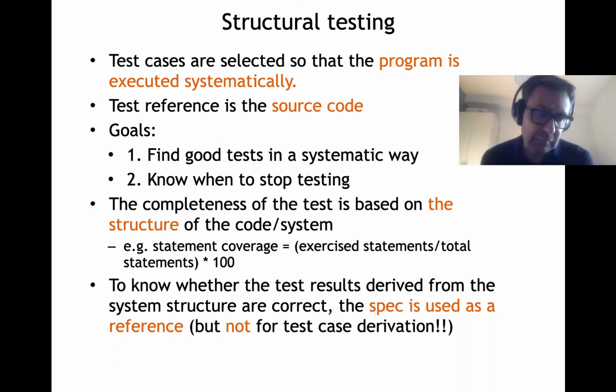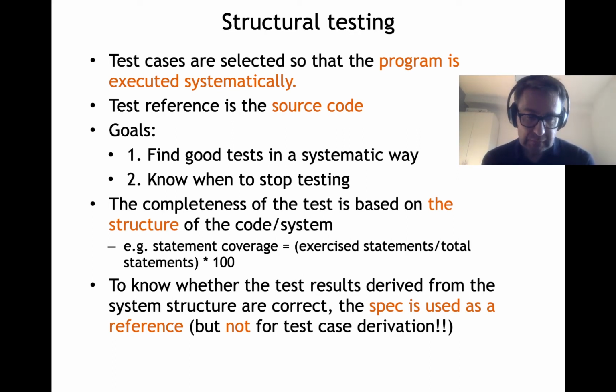The simplest example is statement coverage, where we count how many of the statements, basically lines in the source code, depending on how you define statements in your programming language, have been executed. Let's say line coverage, the simplest form of statement coverage: if every non-empty line of the source code has been executed at least once, we would have 100% coverage. If we only cover 60 of a total of 100 statements, then we would have 60% statement or line coverage.